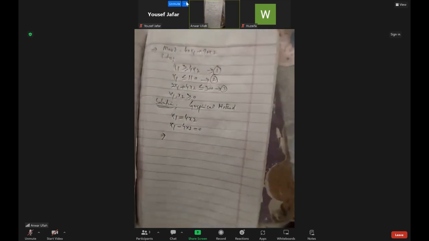We make it equality, and then move both to a single side and equal it to 0. Or if you do not even equal it to 0, you can just write it in this form: x1 is equal to 4x2. And this is way simpler than doing it in the second way.